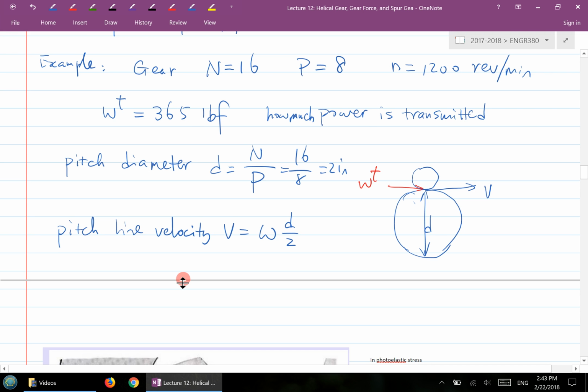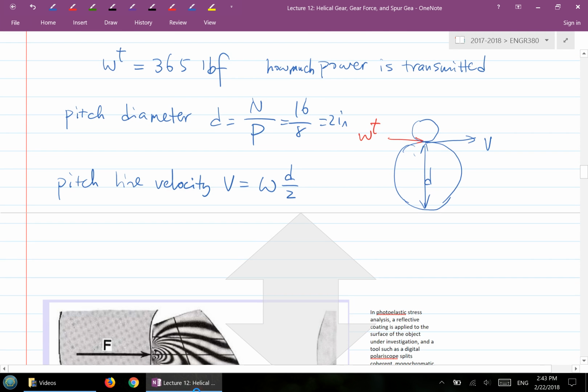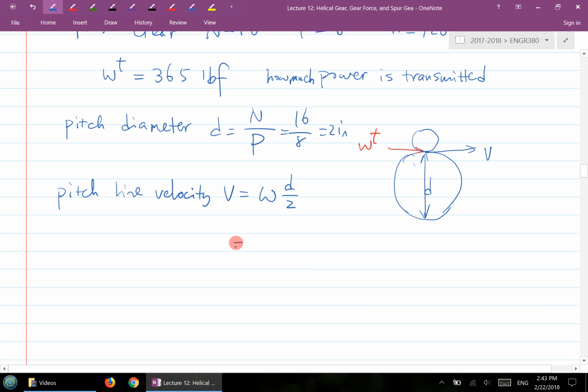This will be 2 pi n over 12, times d over 2. So you calculate V and get 268 feet per minute. That's your pitch line velocity.